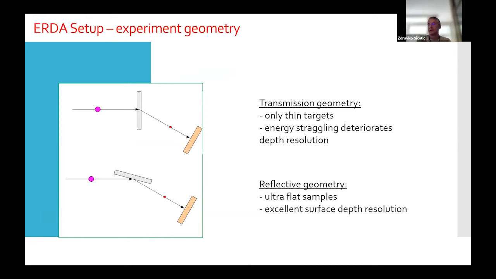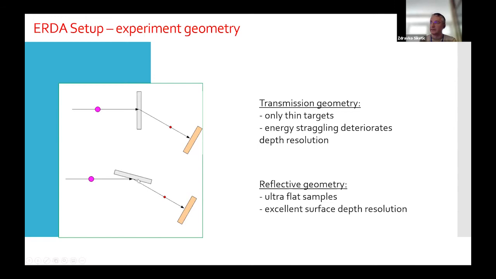So I will tell you now how to maybe resolve this issue of needing to know something in advance about your sample. There are two types of geometry. I already mentioned the reflective geometry, if you have thick targets, and if you have very thin targets, the recoils can pass through, and it can also be done in transmission geometry. Transmission geometry is only for thin targets, but energy straggling of the primary ion beam deteriorates depth resolution.